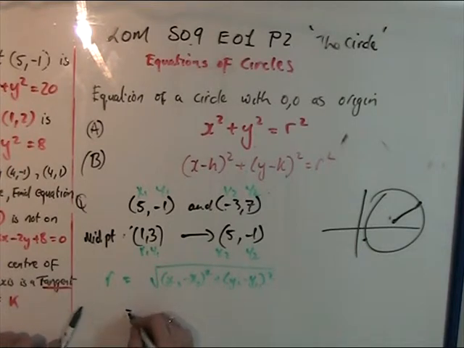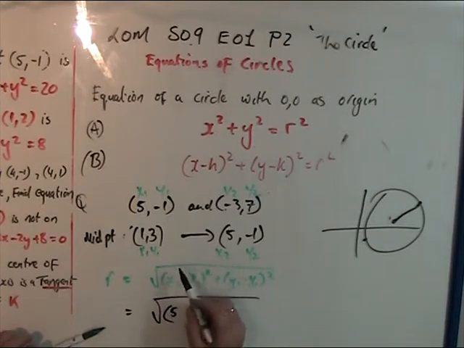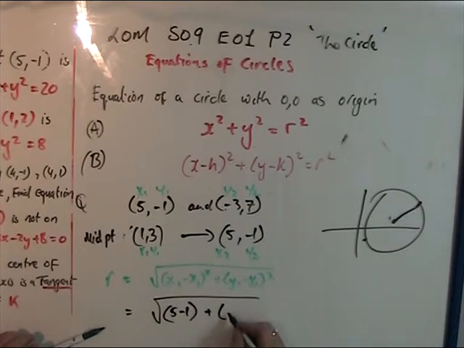I put the values in, so I've got x2, 5, minus x1, which is 1, plus y2, which is minus 1, minus y1, which is 3. And it all works out as the square root of 4 squared plus 2 squared.